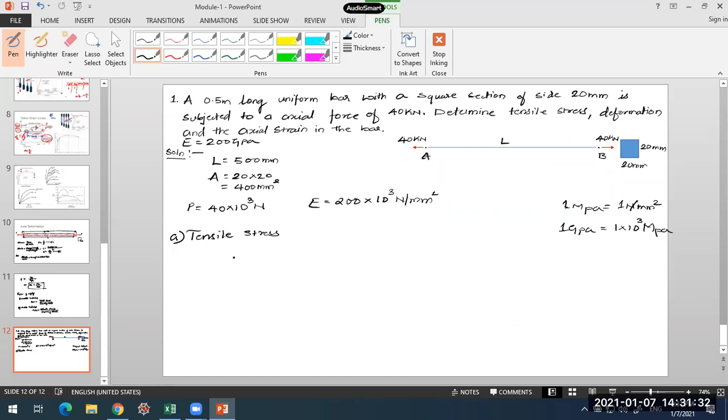So first what we have is tensile stress. For that we express it directly as P by A. In this case P is 40 into 10 raised to 3 divided by A, which is 400 mm square. So I should have 100 Newton per mm square as my stress.